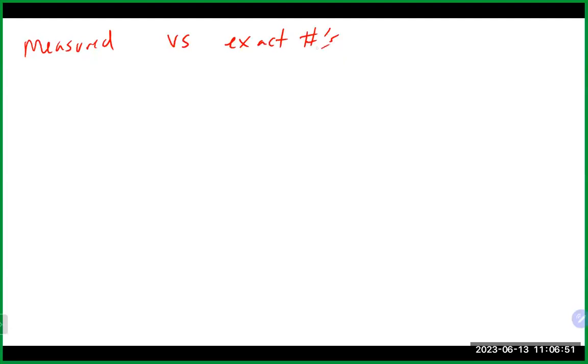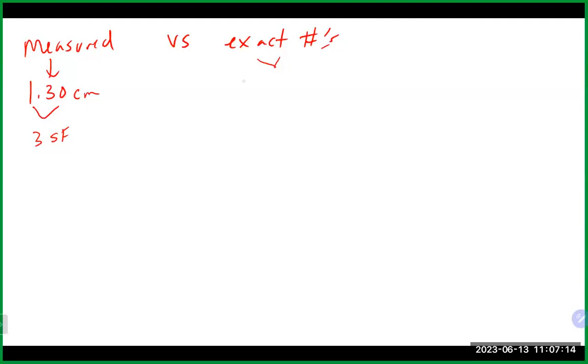So measured numbers obviously are the result of some type of measurement. So if we had something like we had before, 1.30 centimeters, we know that this has 3 significant figures, as we talked about, because it was a measurement. Exact numbers are a little bit different. Exact numbers are really found in 1 of 2 situations usually.